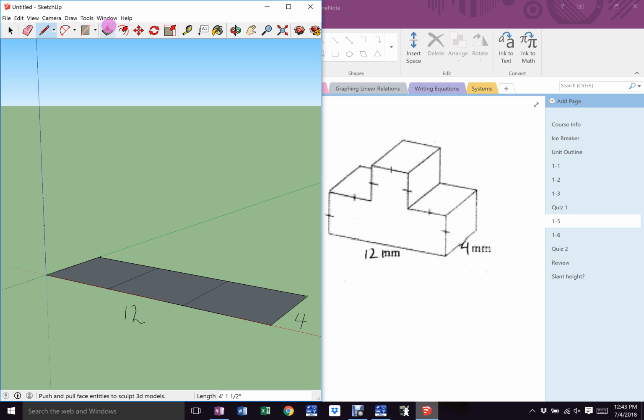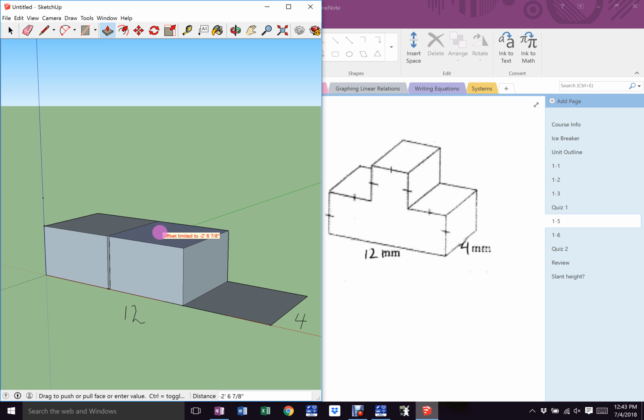Now, that rectangle moves up to be 4 tall, yes? Now, I know that this is 4 tall, correct? So if it just looked like this, I have my L, W, and H, don't I?